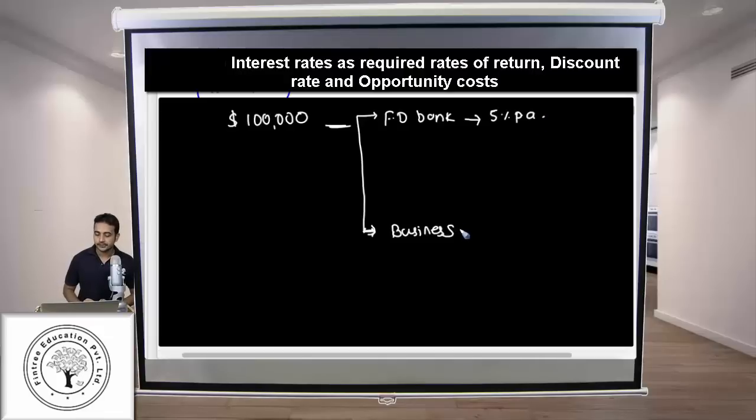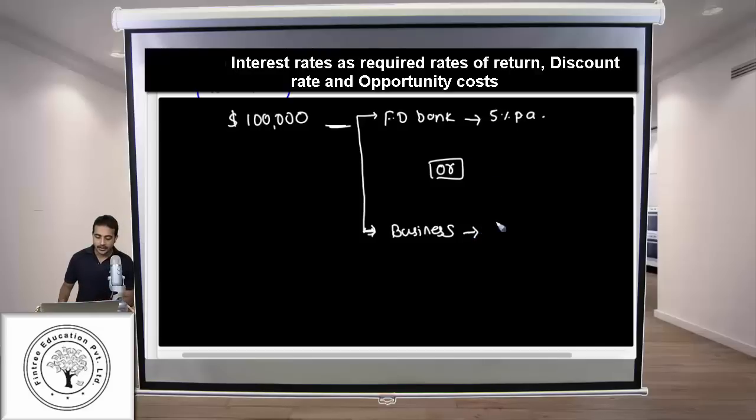Are we alright here? But you decided that instead you will invest that into a business. So if you put that money into your business, how much will you expect to earn every year? 5% or more or less? More. Why? Because the risk is higher.